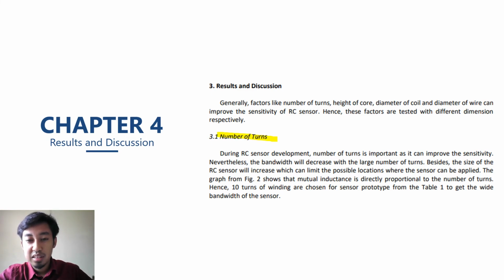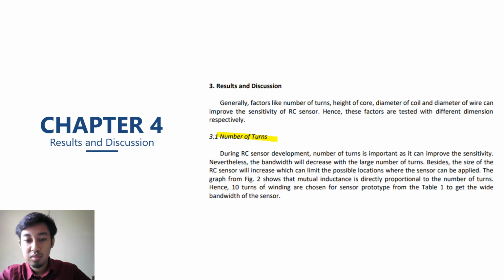During the RC sensor development, the number of turns is important as it can improve the sensitivity. Nevertheless, the bandwidth will decrease with a large number of turns. Besides, the size of the RC sensor will increase, which can limit the possible location where the sensor can be applied.